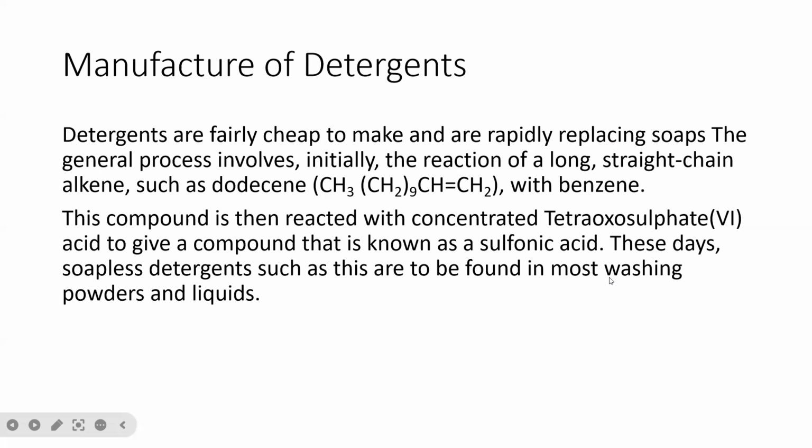So I want to connect this to what we have learned before. Some people probably haven't done it, but I'm still going to ask it all the same. Who can tell me where we can naturally obtain long-chain hydrocarbons?